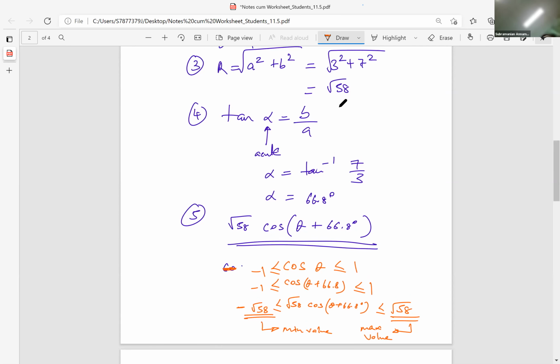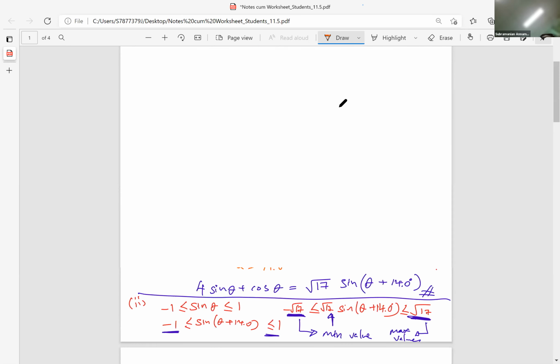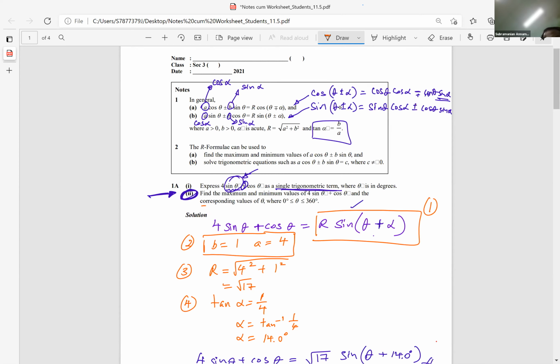Do you see this corresponding value of theta? You already found the minimum maximum value, but you need to find the corresponding values of theta. You know the R value, the minimum maximum, but you need to know the theta value as well, so that it tells you at this particular angle you get the maximum value, and at this particular angle you get your minimum value. Understand? This one I'll go through on the 8th.